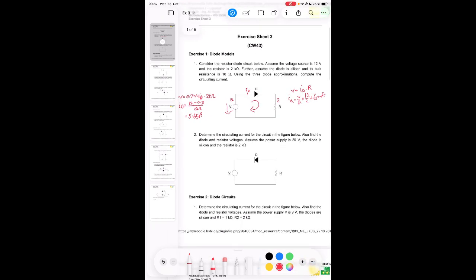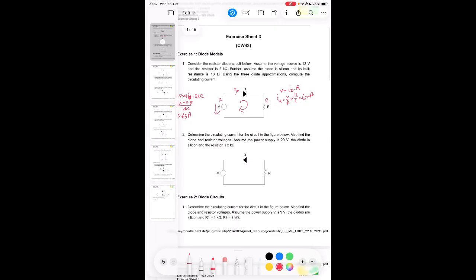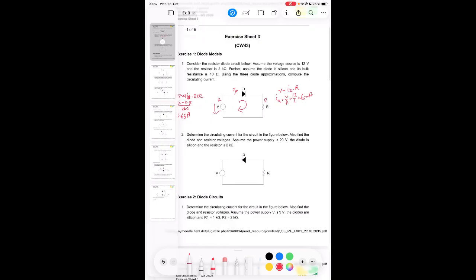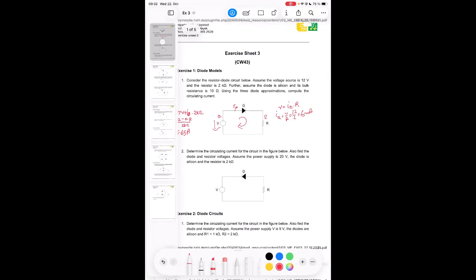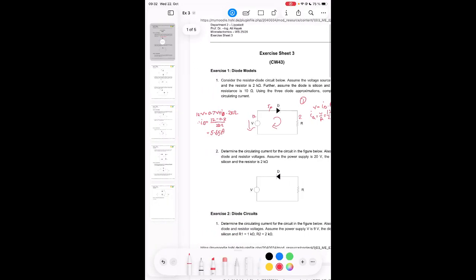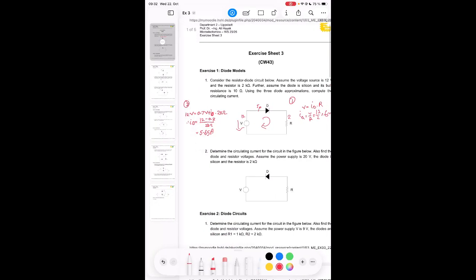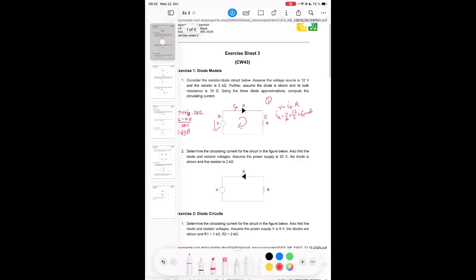Plus ID multiplied by R. And here we can get the ID is 12 minus 0.7, now divided by 2K plus RD, and depending on the question, we have 10 ohm, right?